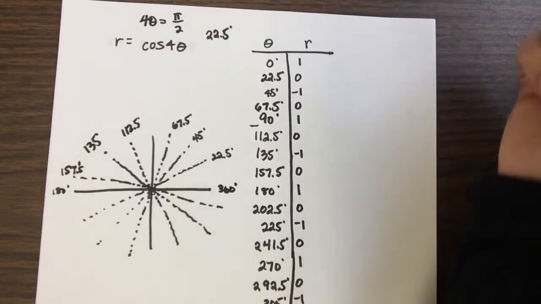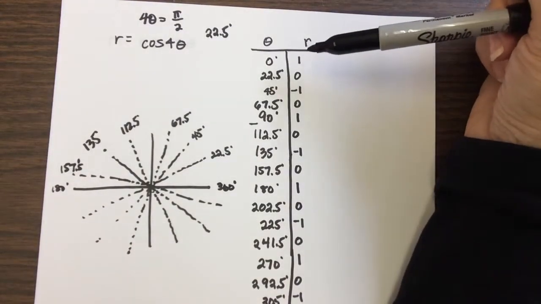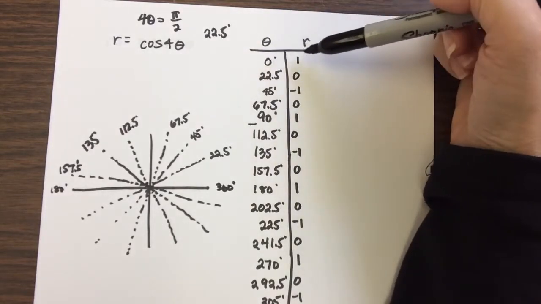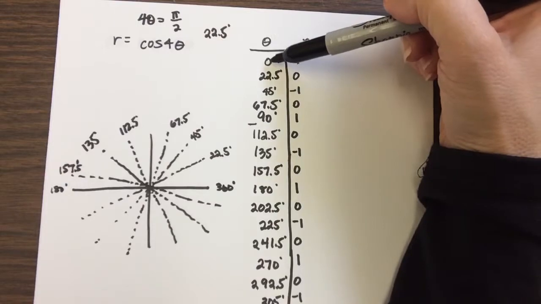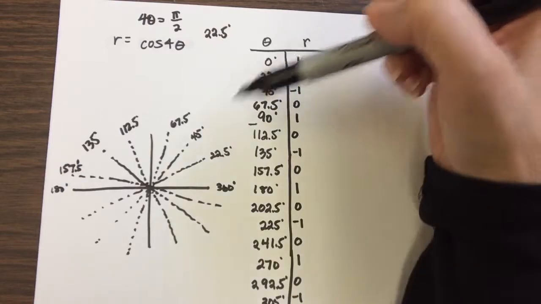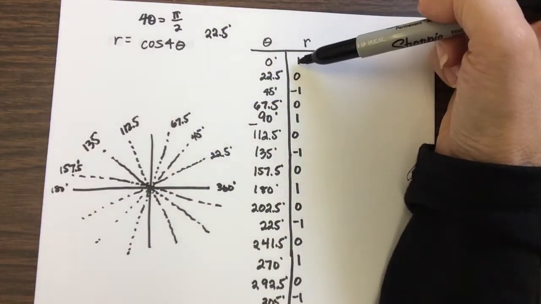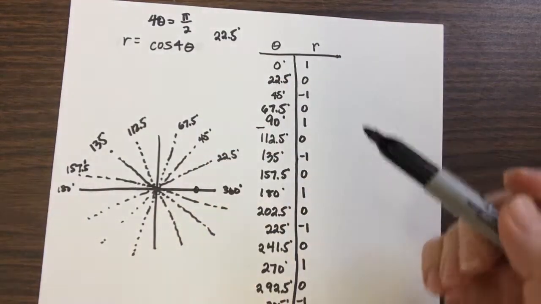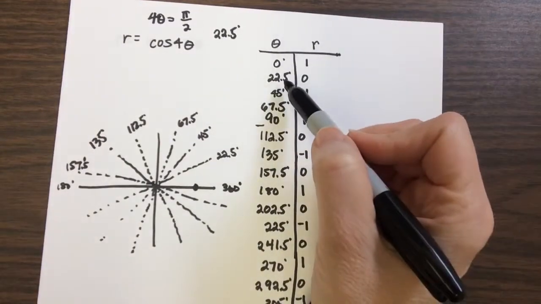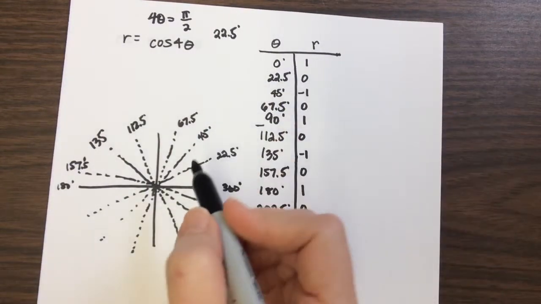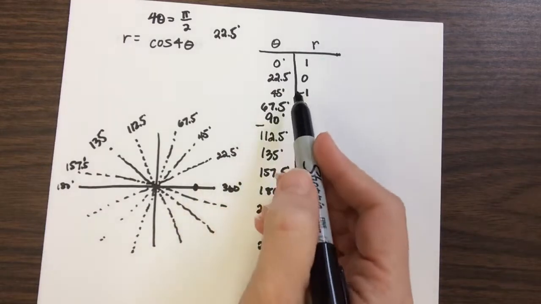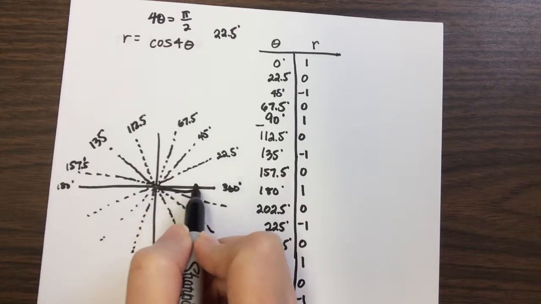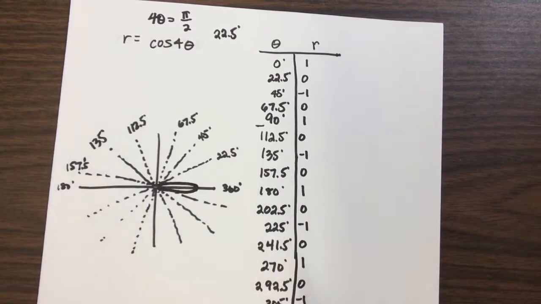Now, remember when we graphed just our polar coordinates. This is my distance, and this is my direction, sorry. At 0 degrees I'm going out a distance of 1. So I'm going out to 1. Then at 22.5 degrees, I'm going back to 0. At 45, I'm going out to 1, back to 0.